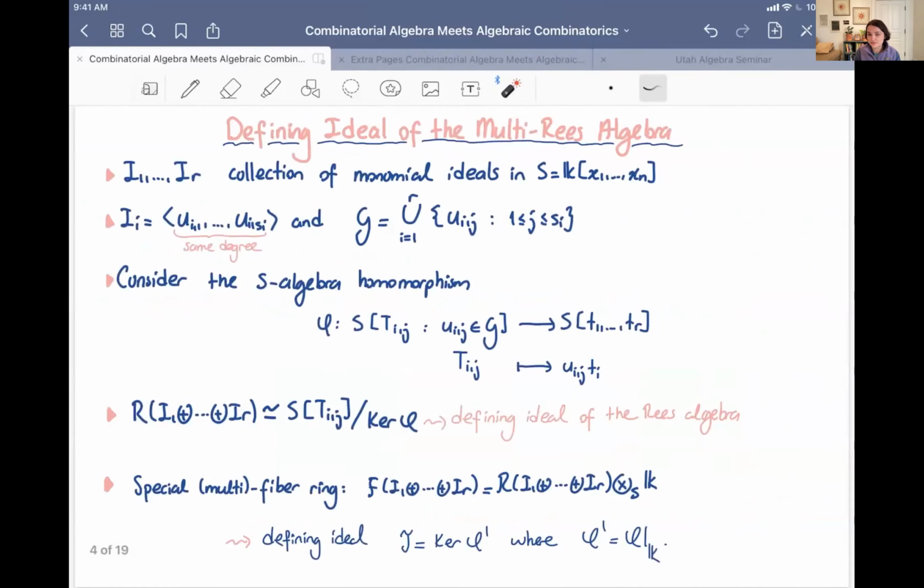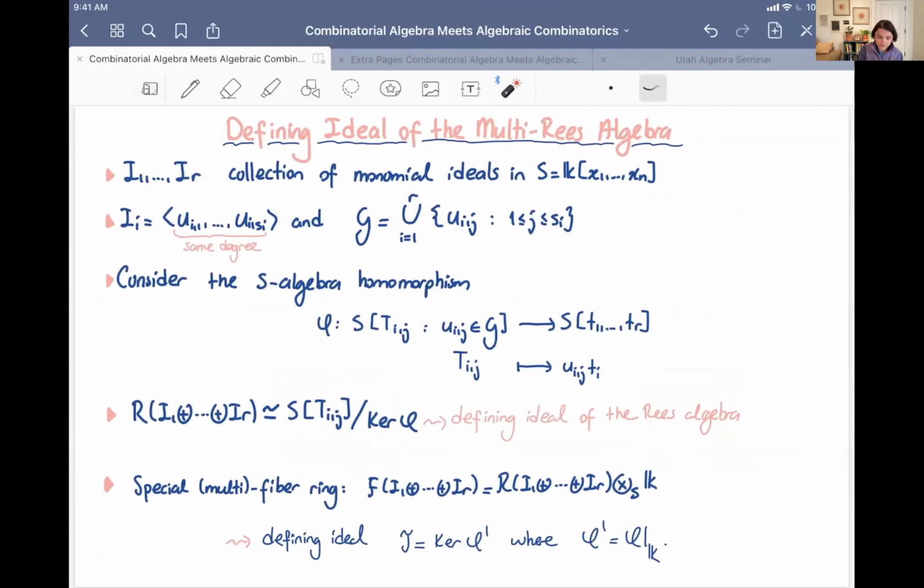The defining ideal of the multi-Rees algebra is defined in the following way, but here I'm just going to focus on the kind of object that I'm going to work with for the rest of the talk. We're living in a polynomial ring S in n variables, and my collection of ideals are going to be monomial ideals.